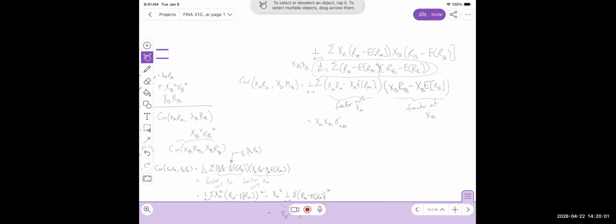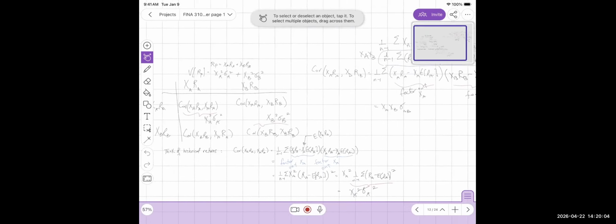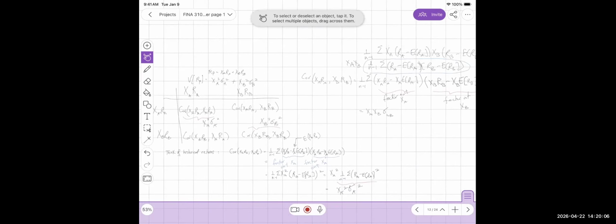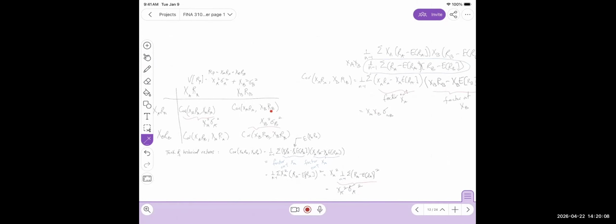All right, so that goes back here. So this one is going to be XA, XB, covariance AB with no square on it. And before you guys go, what is this one going to be? XB, XA, sigma BA.